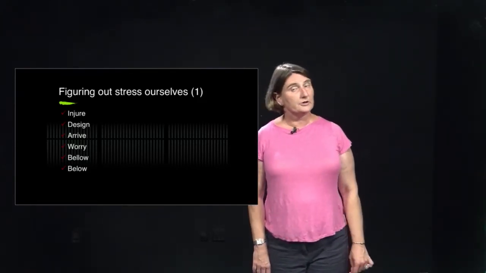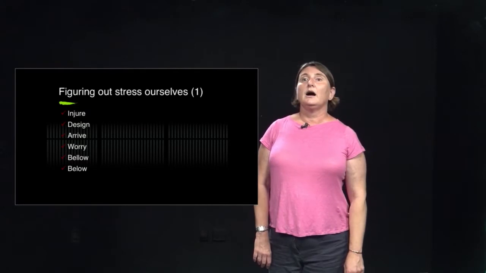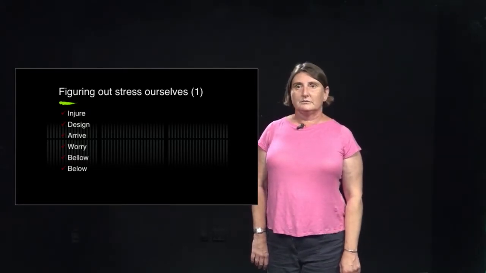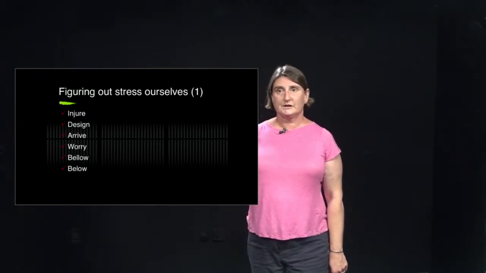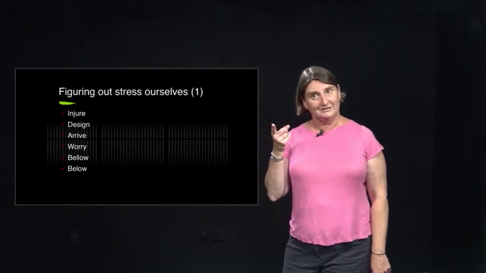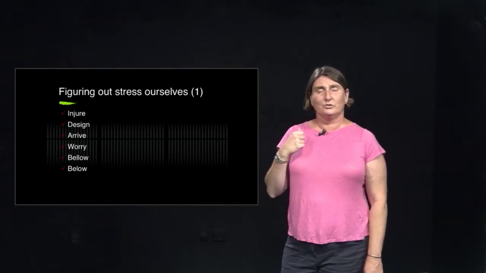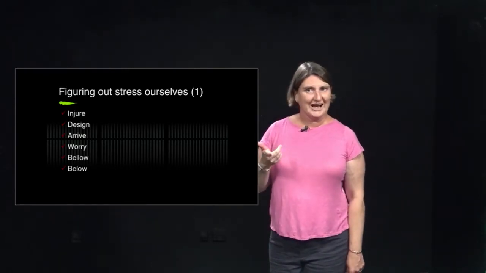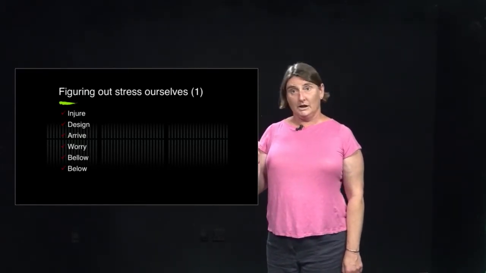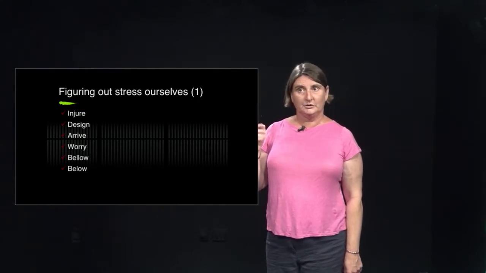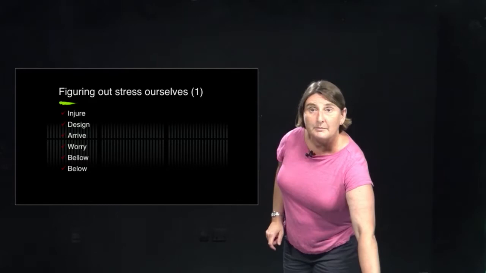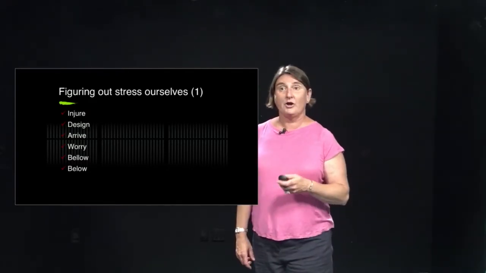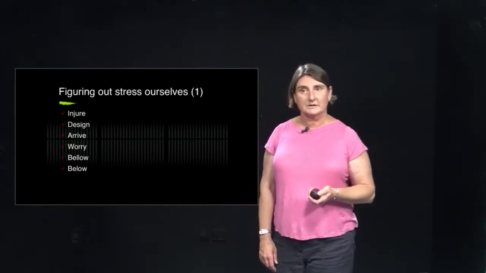If it were on the first, it would sound more like arrive, and it doesn't. Worry, first syllable, because it's not worry, which sounds funny. Oh, don't worry. It sounds like a French accent, actually. Bellow, first syllable, and below, second syllable. I hope that makes sense to everybody. If not, you can ask me about it. I'll be back soon.